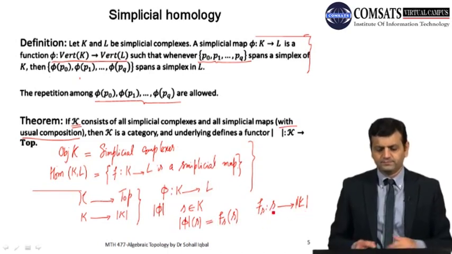In other words, what we are saying is take a simplex in K. Of course, K is a simplicial complex, so it is composed of many simplices.